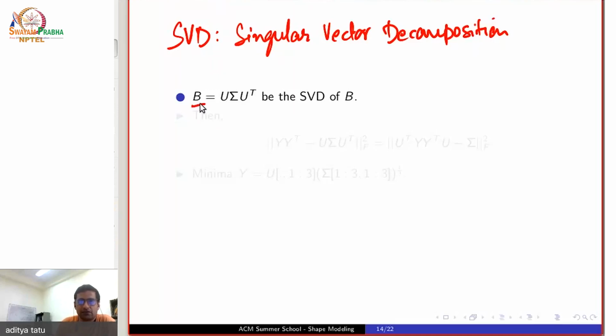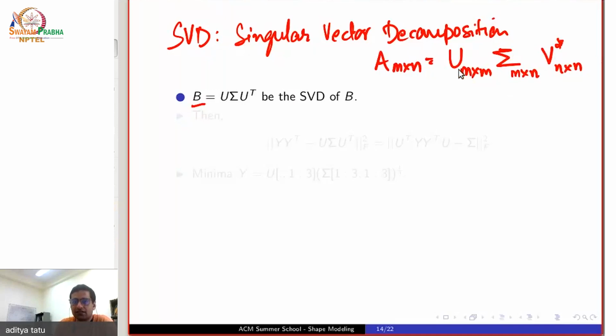For any rectangular matrix A of size m cross n, you can write it as a product of three matrices: U, which will be typically of size m cross m, a diagonal matrix sigma of size m cross n, and V star, which is the conjugate transpose or V transpose. This would be of size n cross n. Special thing about this decomposition, apart from this central matrix being diagonal, is that U and V, both of them would be orthogonal matrices, m by m and n by n.